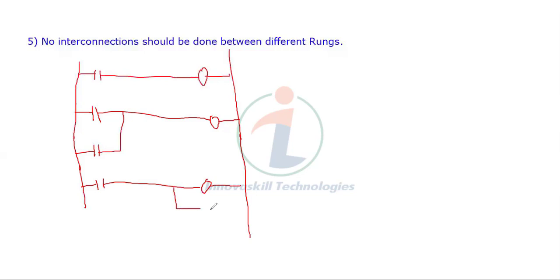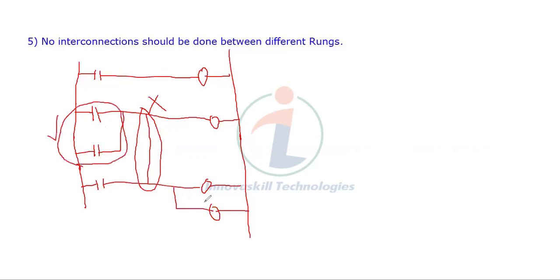Till this it is correct, but in case you are connecting this rung with another rung like this, this is an error. Rung to rung interconnections should not be carried out. Interconnections can only be done within a rung. So this interconnection is okay, this interconnection is okay, but a rung to rung interconnection is an error. So following these rules only, we have to do the PLC programming.